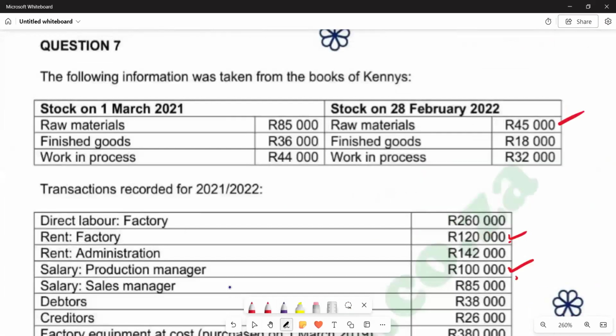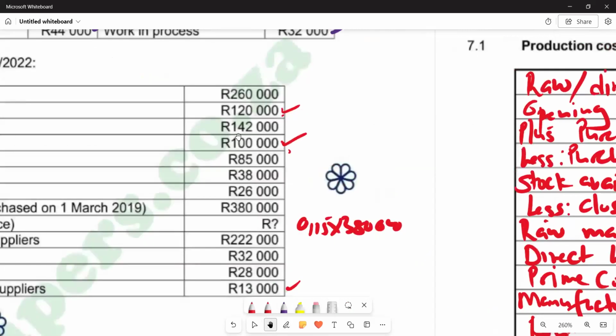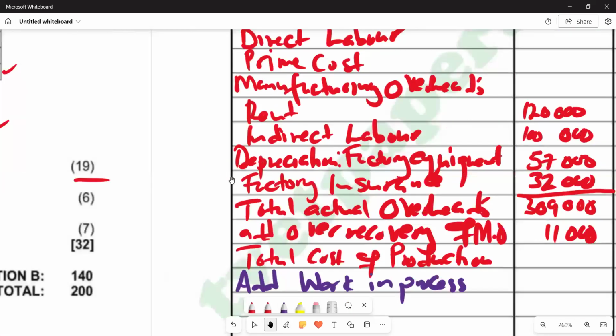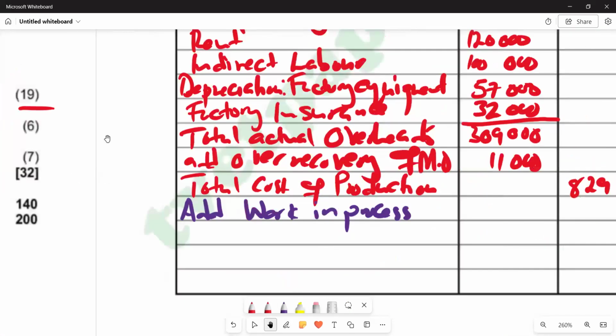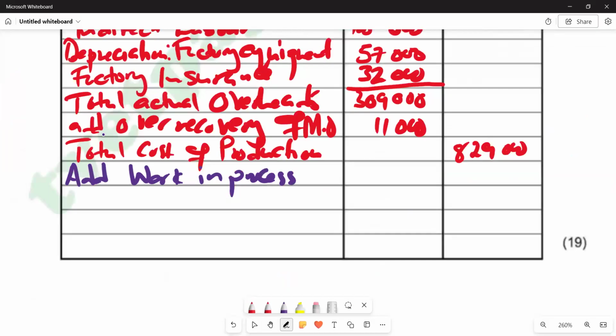For our work in process, our opening work in process is 4,000, our closing is 32,000. As simple as that. And we have got our 4,000. And then if we add 829,000 plus 4,000, we get 873,000.